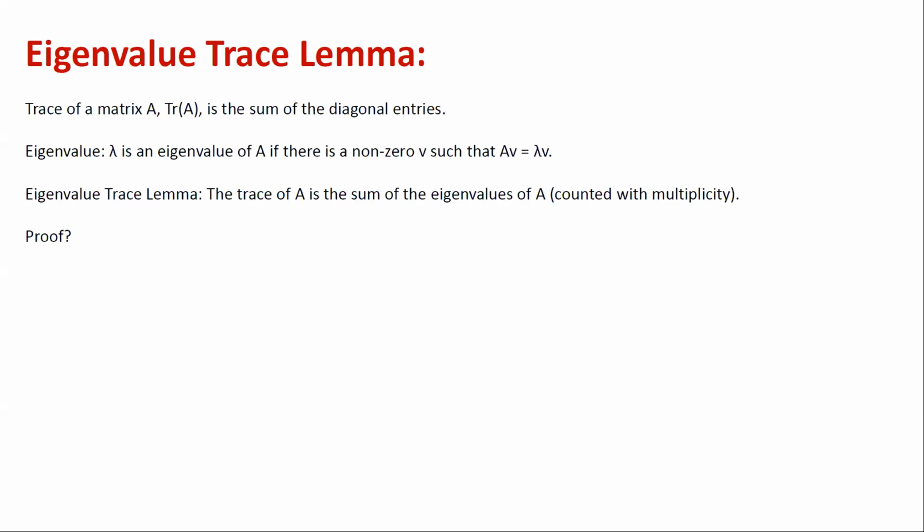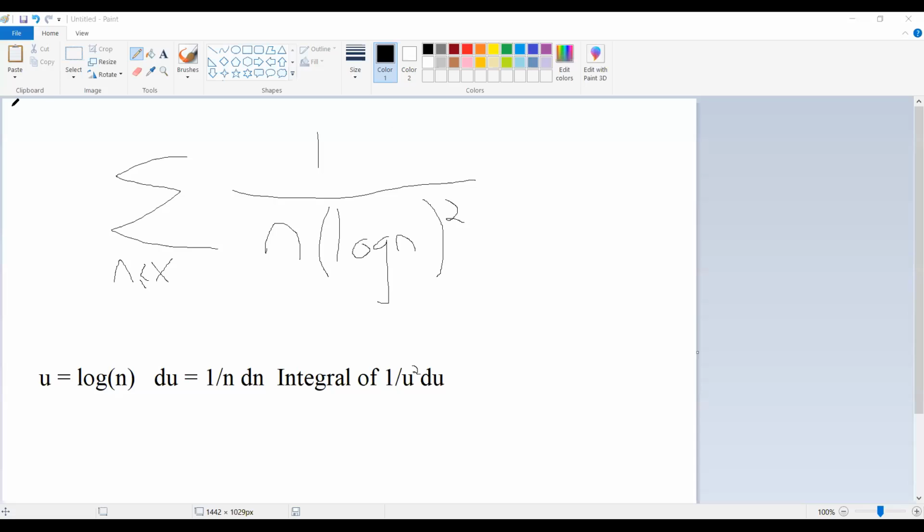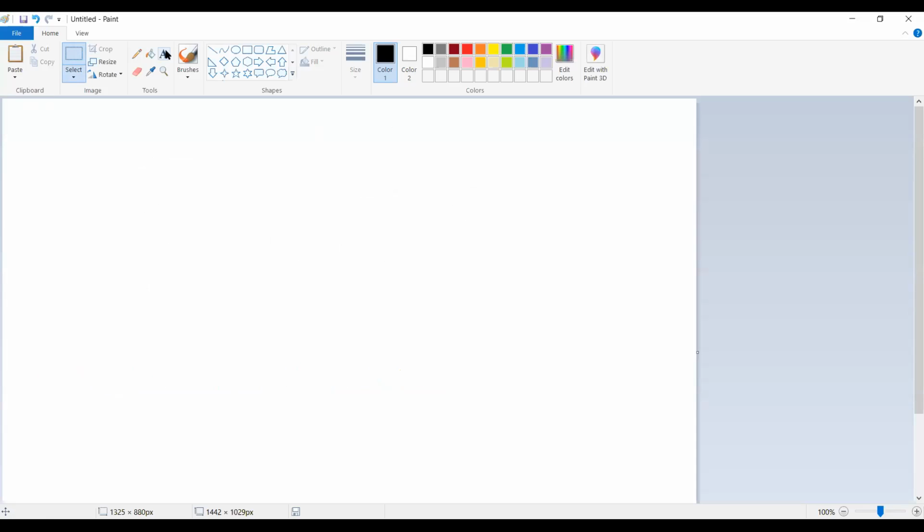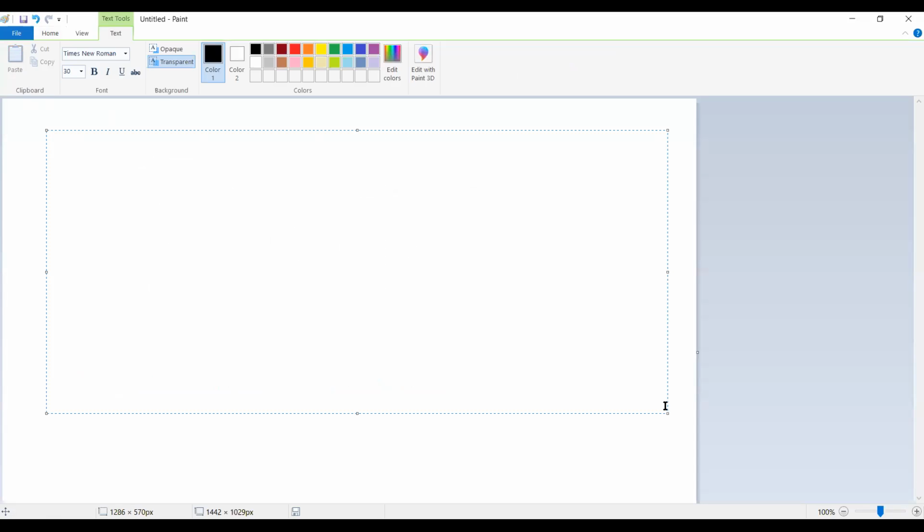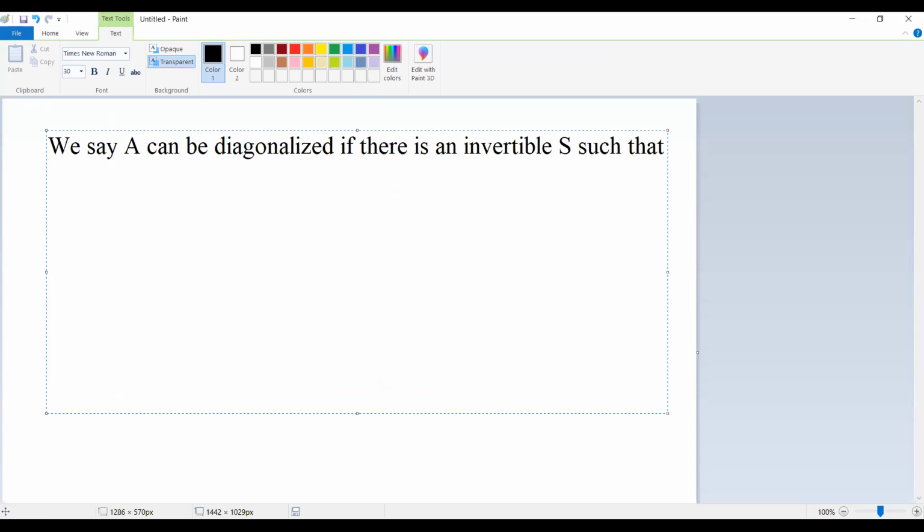So does anybody know the result as to whether or not every matrix can be diagonalized? And by diagonalized, I mean the following: we say A is diagonalizable if there is an invertible S such that S A S inverse is diagonal.